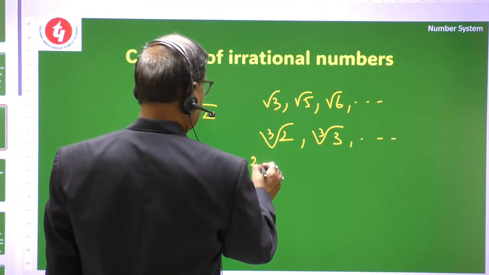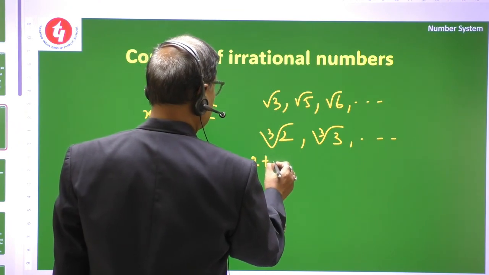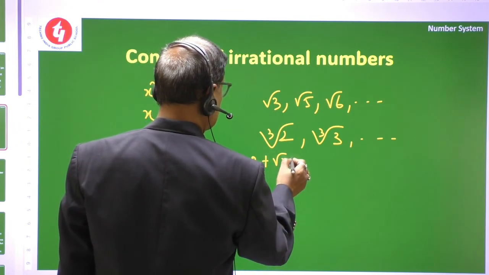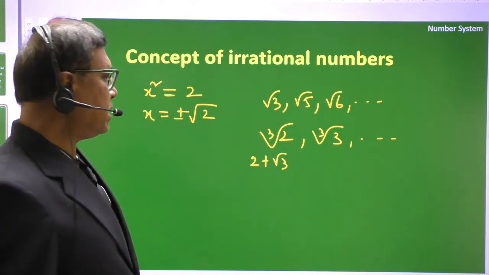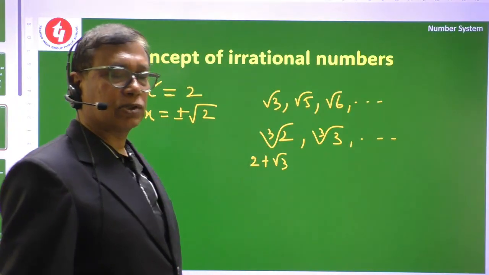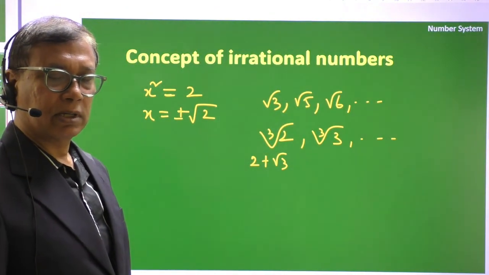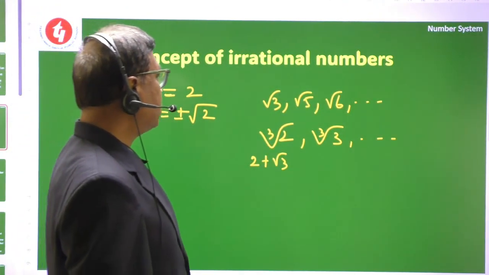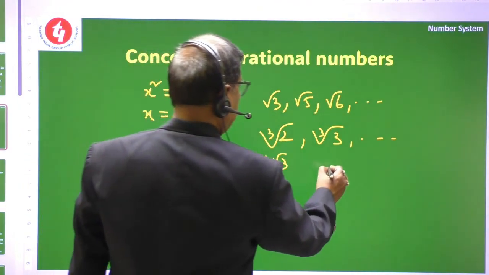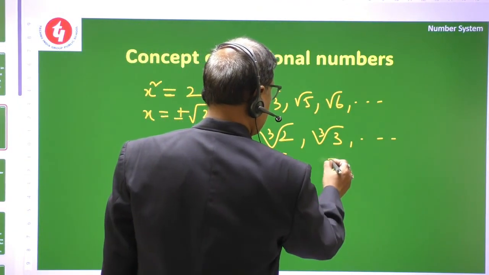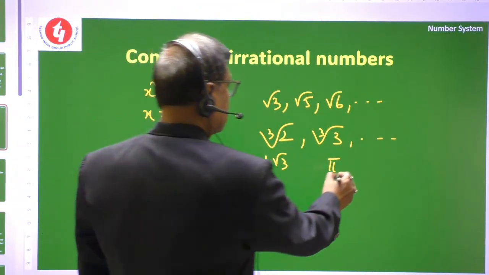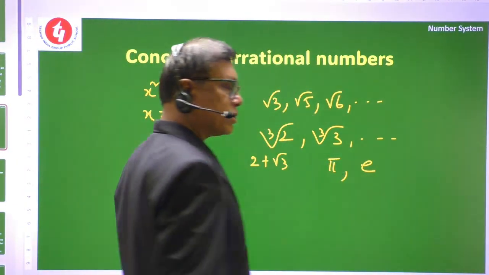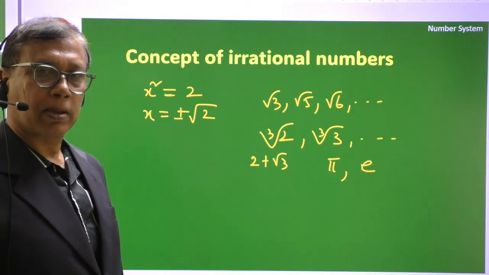Now if we take one rational number and one irrational number, so this is a binomial irrational number, so 2 plus root 3 is also one irrational number. Yes or no? Now pi is also one irrational number, e is also one irrational number.